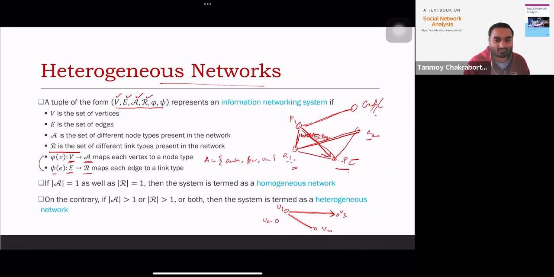Right? So guys, I'm pretty sure that you can relate this structure to something that you have read earlier. Can you tell me? These kinds of structures you have read somewhere in your undergrad. Where? Can you relate this?